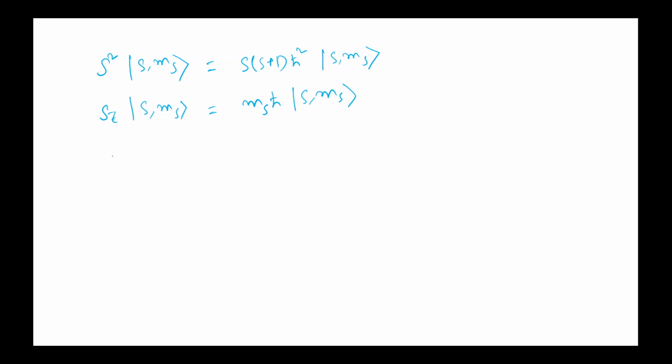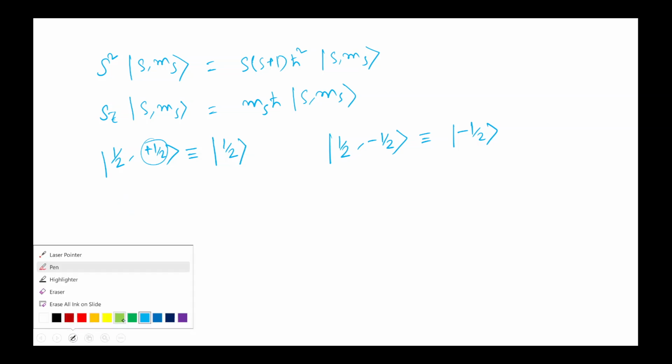Let's say you have only two eigenbases, |1/2, 1/2> and |1/2, -1/2>. For simplicity, I am writing s as half, because the spin quantum number is the same for both these states.